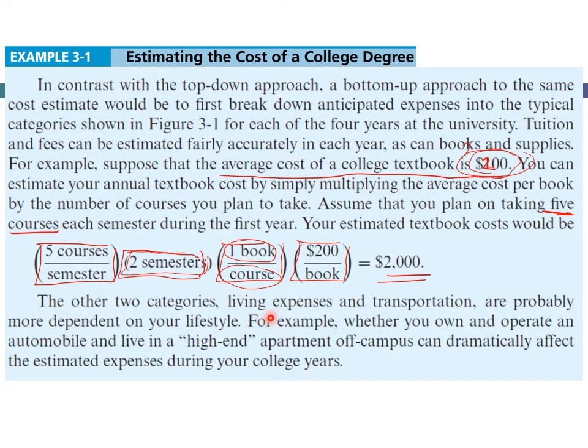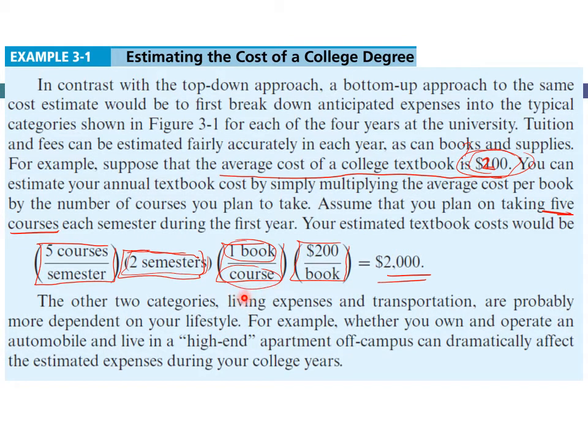For example, when you consider living expenses and transportation costs, these depend on your lifestyle. If you are traveling too much, or living a luxury life, the costs will depend on this lifestyle.